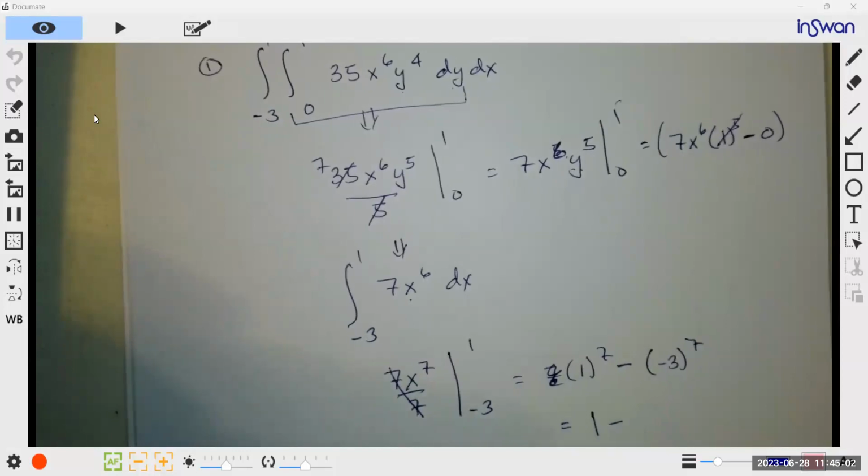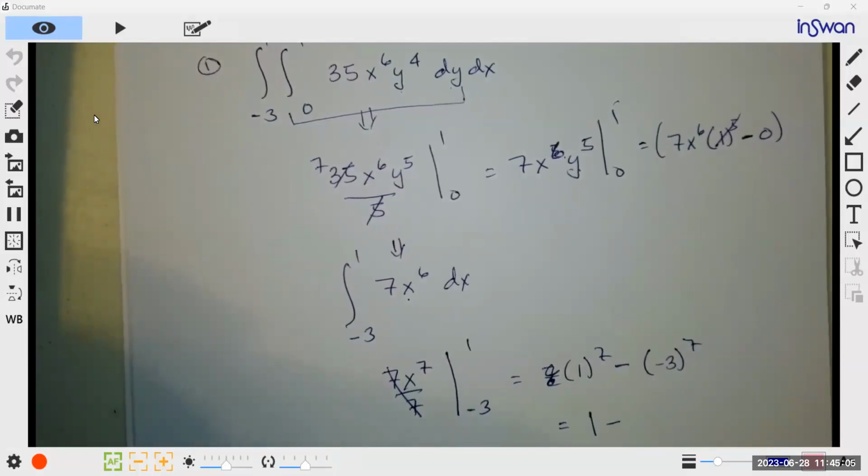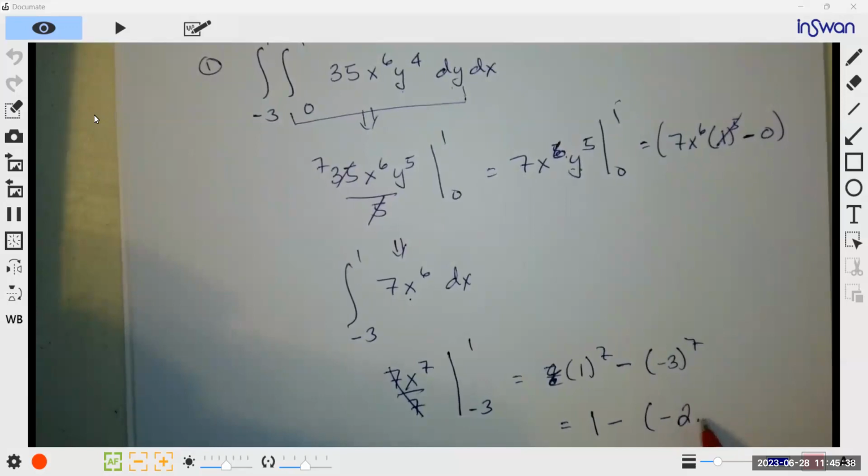Calculator. -3 to the power 7 is -2,187.